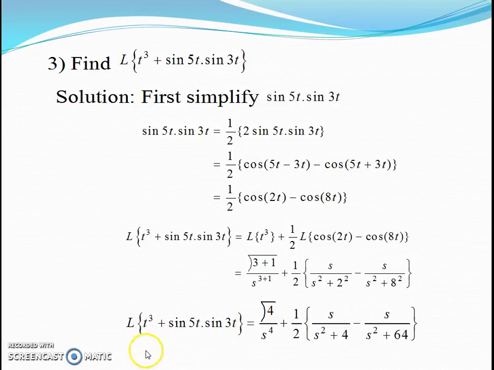So after simplification we get Laplace transform of t cube plus sin 5t into sin 3t is equal to gamma 4 upon s raised to 4 plus 1 by 2 in bracket s upon s square plus 4 minus s upon s square plus 64.